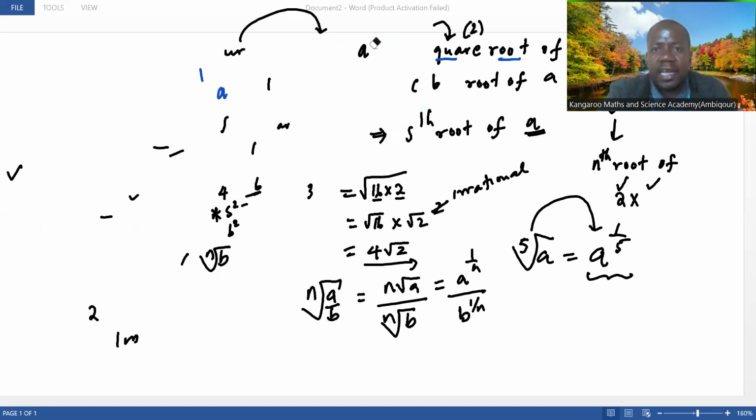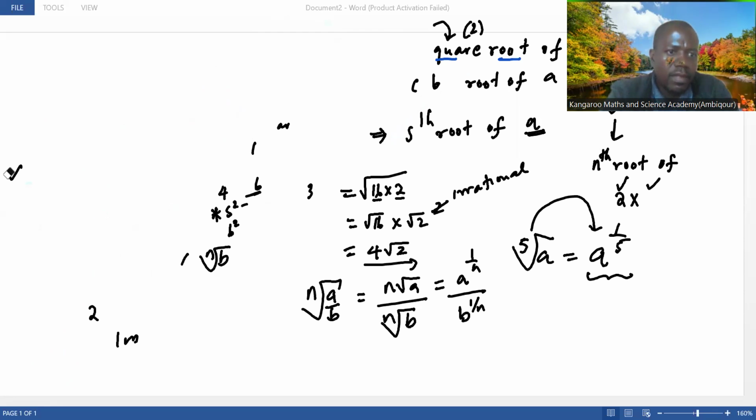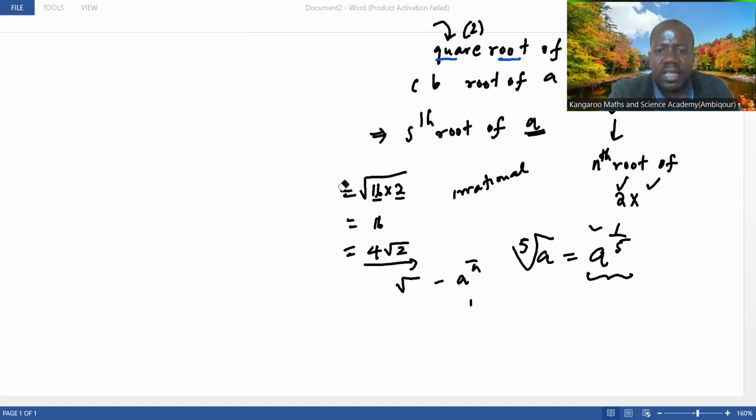And another thing is the issue of the algebraic expressions, ladies and gentlemen. Under algebraic expressions, one must be able to understand what you mean by a binomial, a monomial, a trinomial.